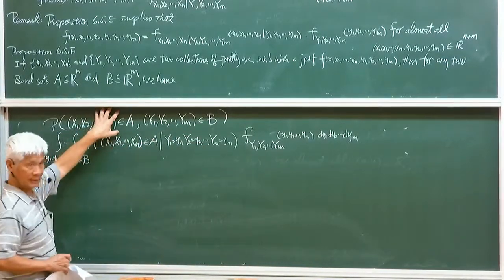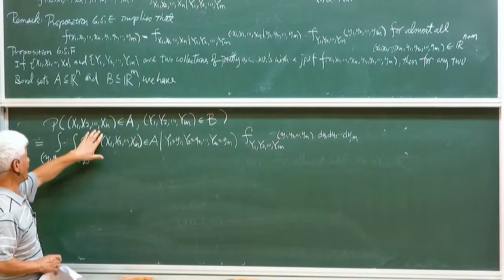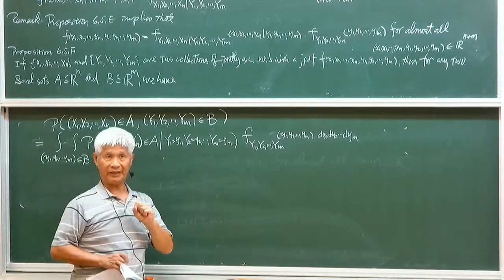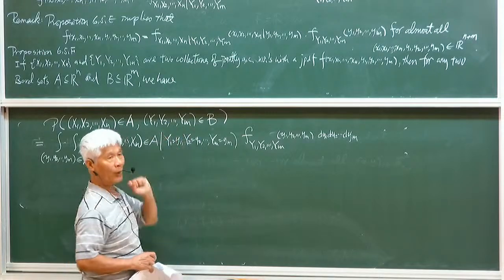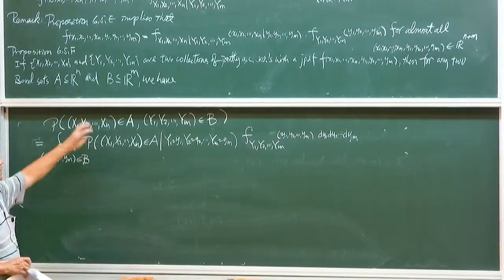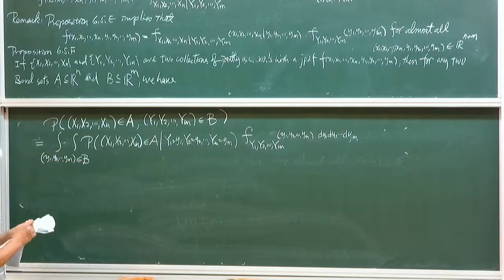So this is an event described by the x random variables. This is an arbitrary event described by the y random variables.